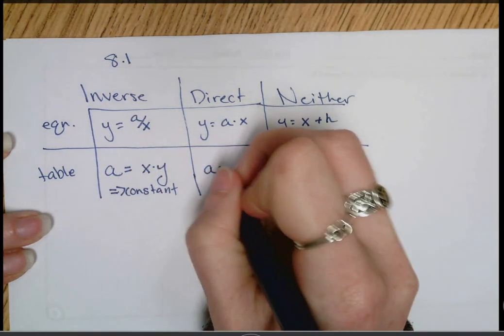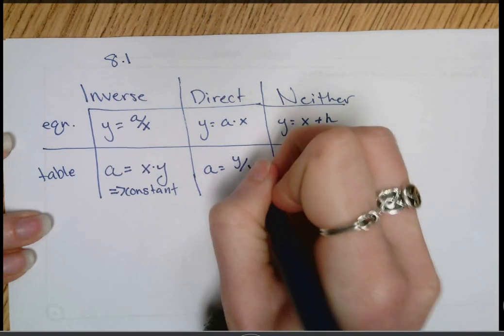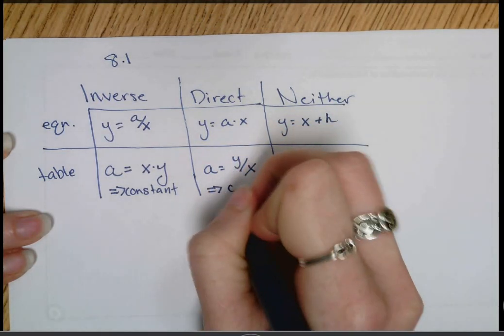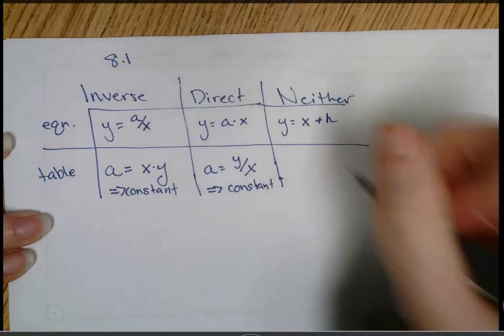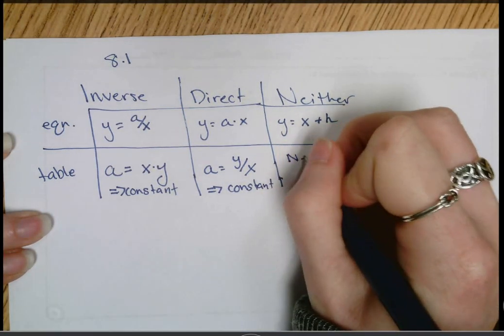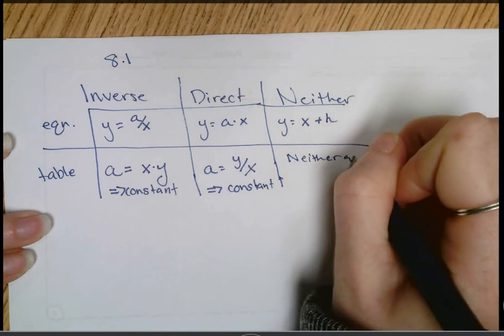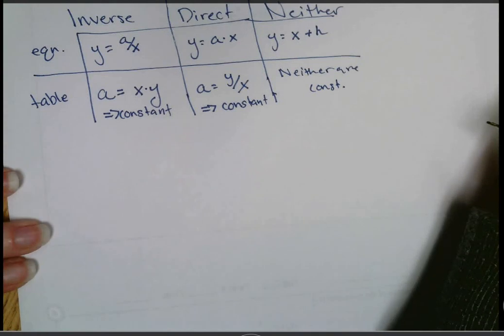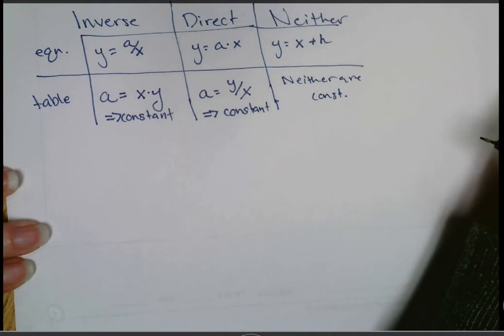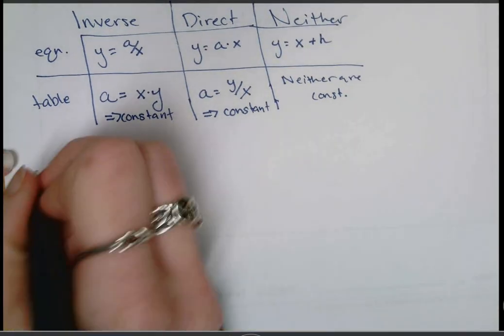Now for this one though, a is equal to y divided by x, so when I divide them and they're constant, okay, that's when we're here. And then if neither are constant, we're in neither.